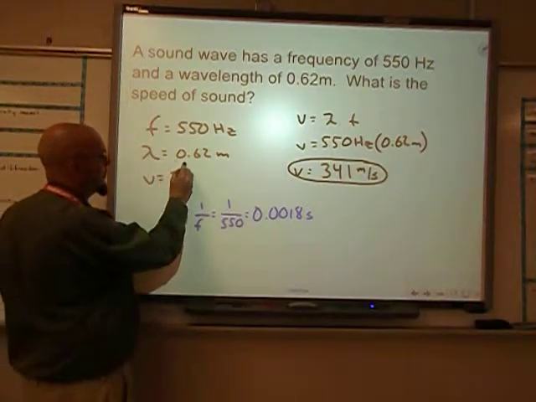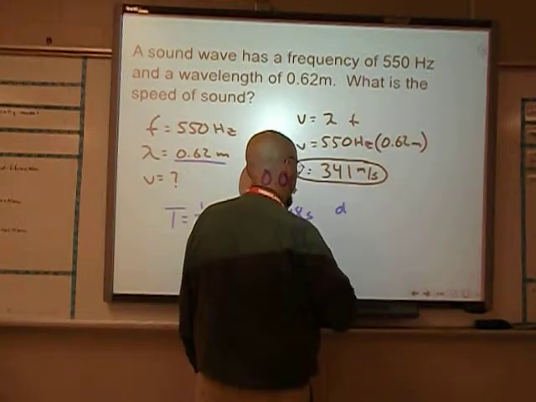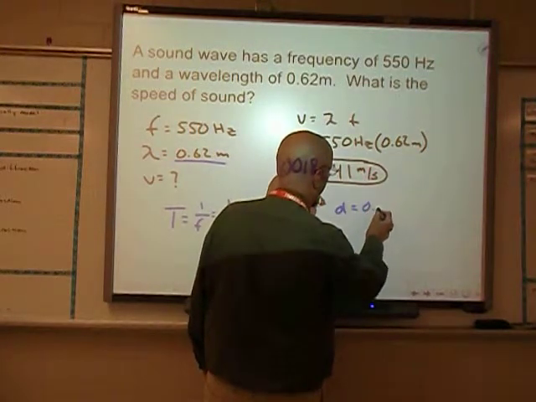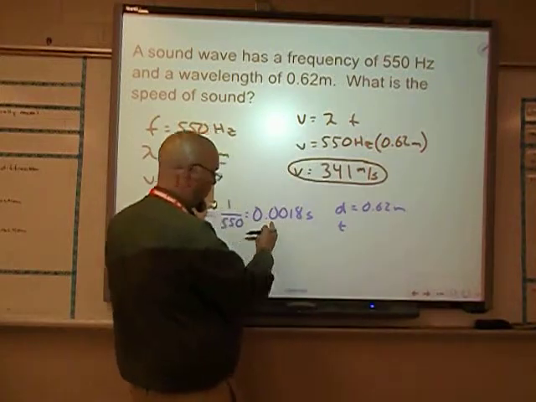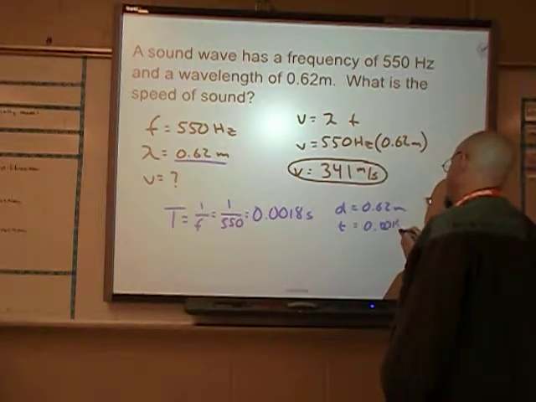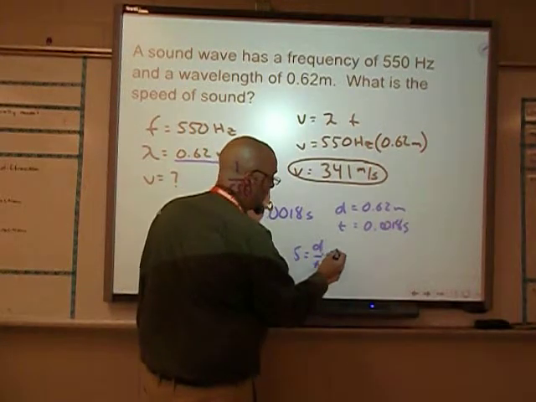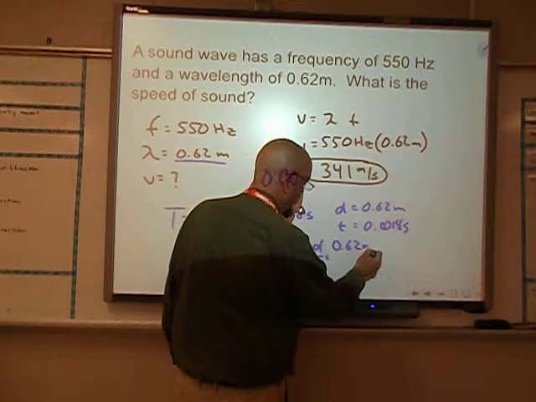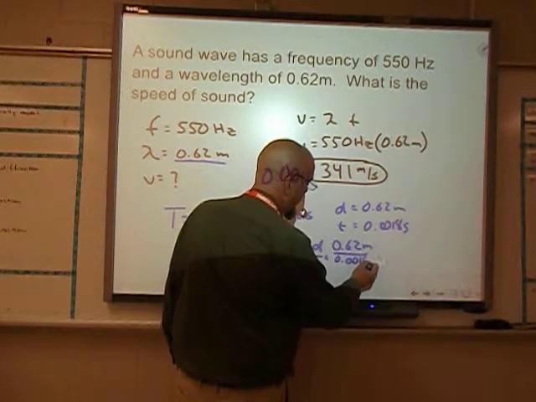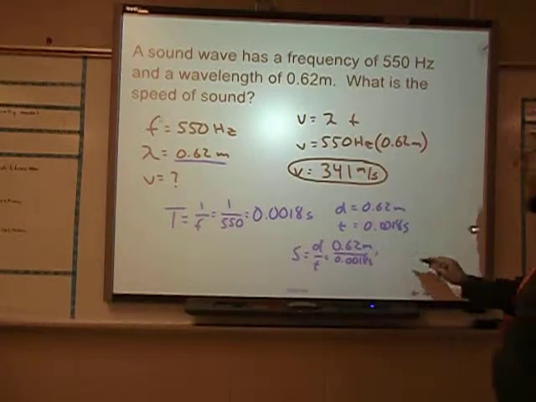Well, one wave is 0.62 meters. So if I use that as a distance, and I use this number, 0.0018, the period, as a time, I can use the old speed equation, speed equals distance over time, to find the velocity. 0.62 meters over 0.0018 seconds, and when you punch that in the calculator, you get the same answer. 0.62 divided by 0.0018 is 344.4, rounding.